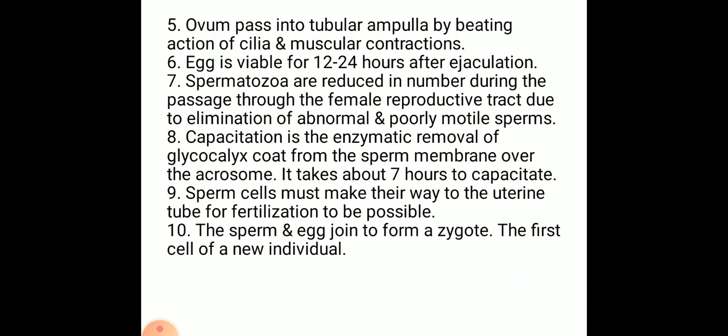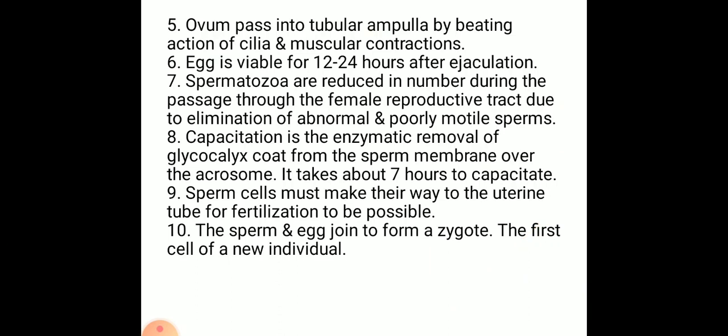So how does it come from the ovary to the fallopian tube? By the beating action of the cilia. Cilia are hair-like structures that help in movement. Cilia and muscular contraction. Okay, the egg is viable for 12 to 24 hours after ejaculation.